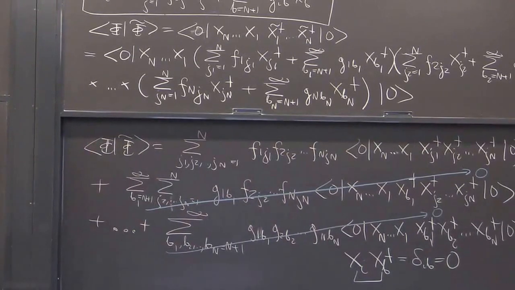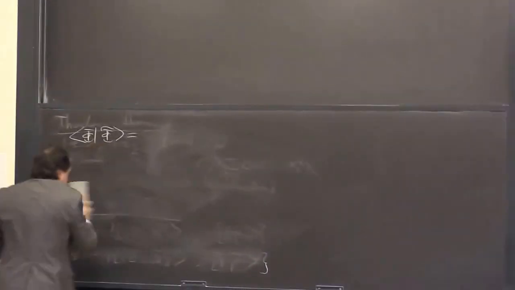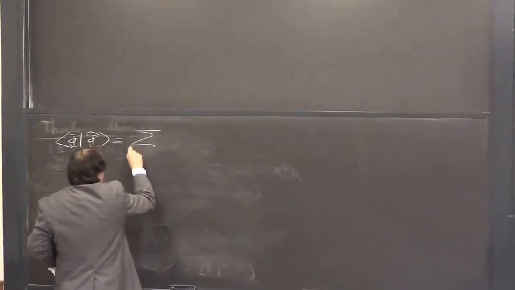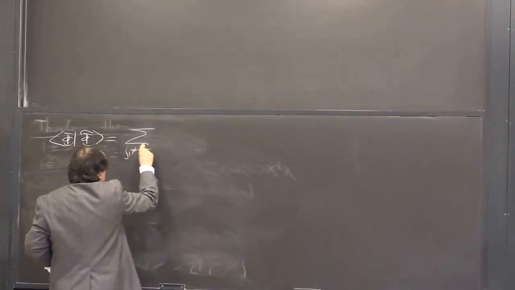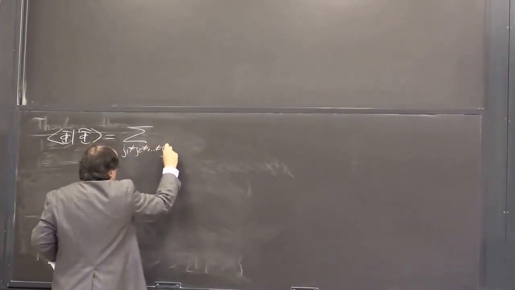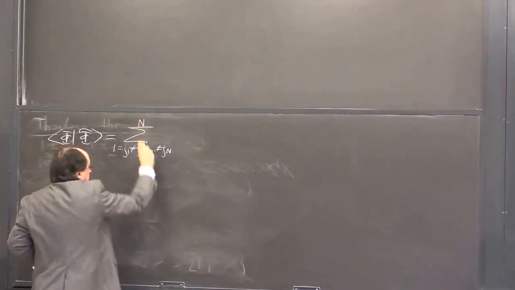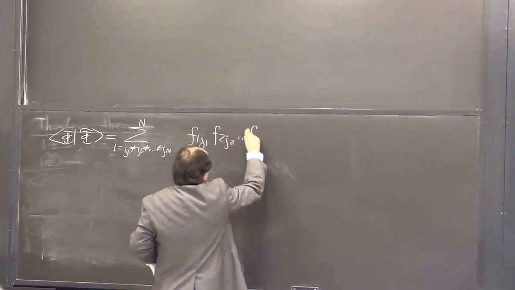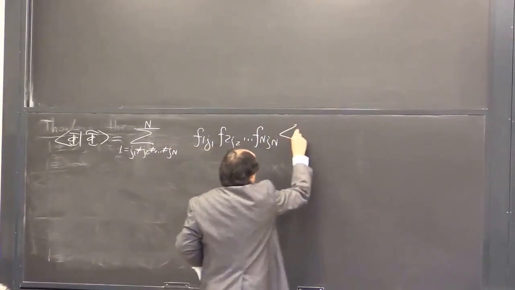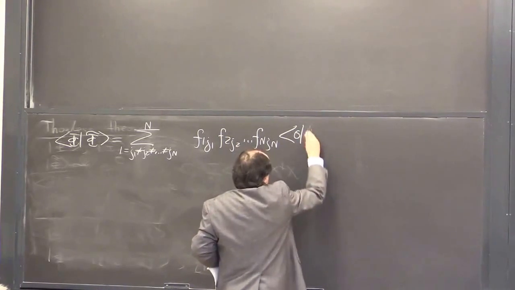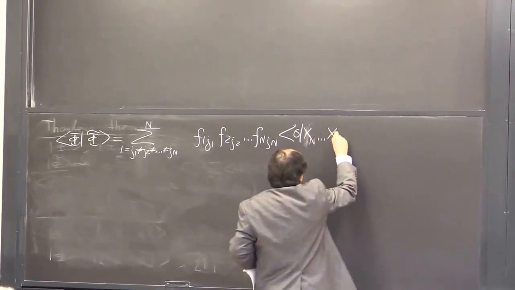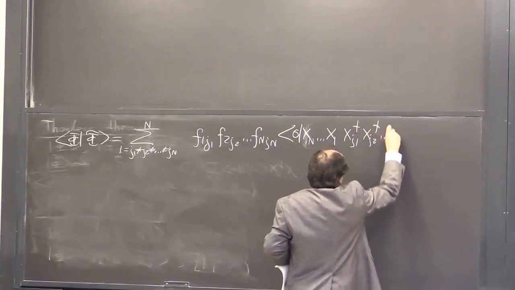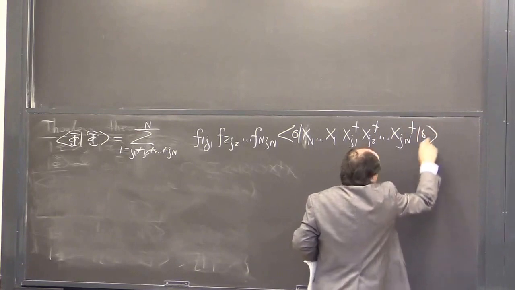So we end up with a summation over J1 different than J2, different than, say, Jn, all running from 1 to n, and then we have F1 J1, F2 J2, Fn Jn, and then an expectation value of xn through x1, xj1 dagger, xj2 dagger, xjn dagger in the vacuum.